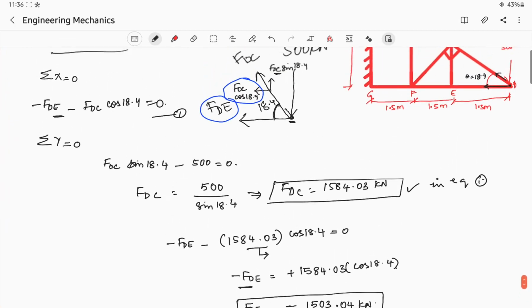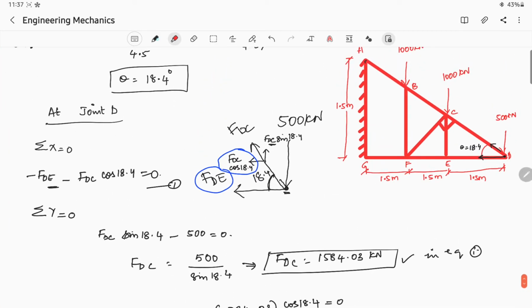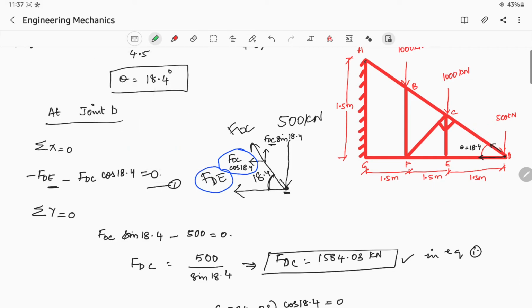So we'll go for the figure once again. If you see this figure, we have calculated the forces in member DC and member DE. Now we'll go for another member. We have to select that member, right?